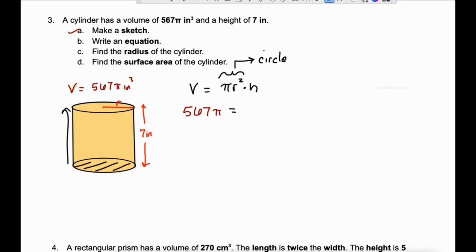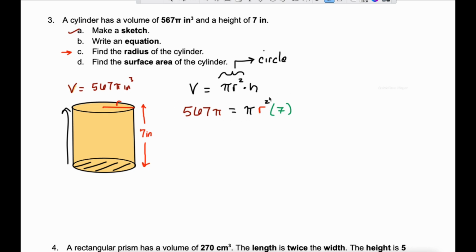This is our unknown that we're trying to find. So we've got pi r squared. Let's do r in red. I don't know what r is, I want to find r. And then h is 7. Put it right there.